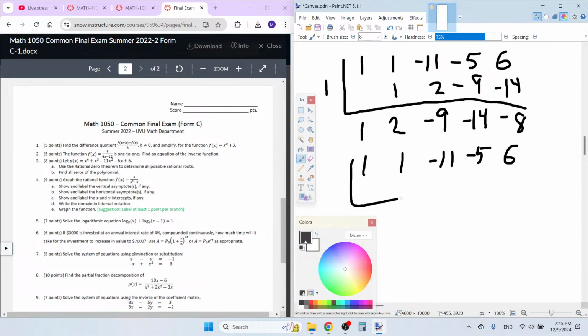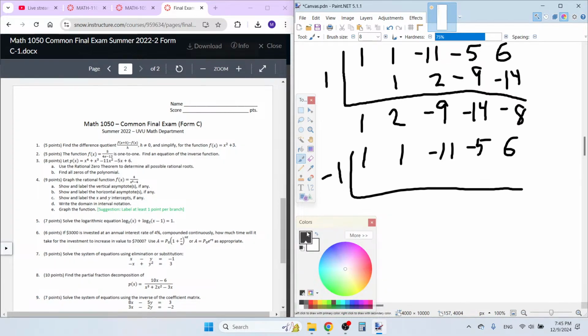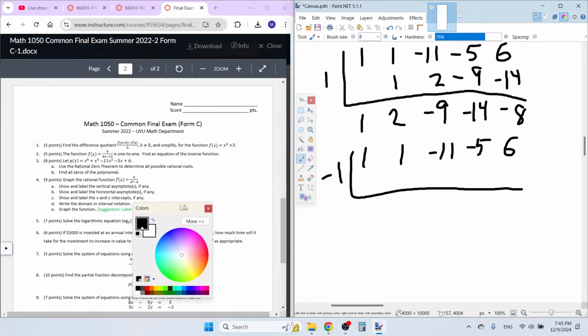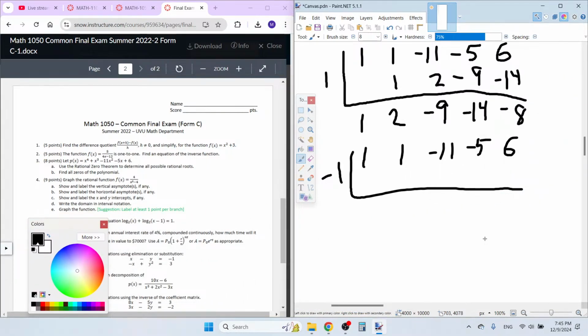We try our next root, which is -1. 1 times -1 is -1. That gives us 0. That gives us -11, +11, -6, +6, and 0.